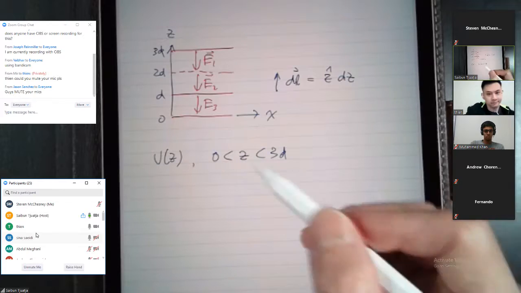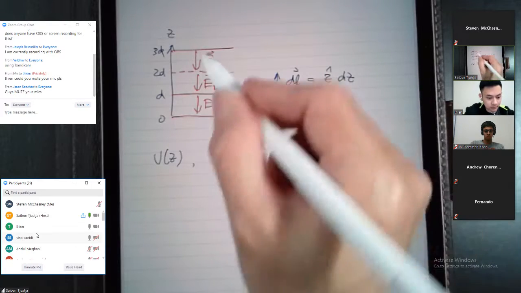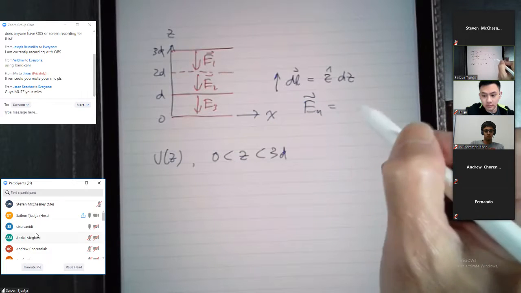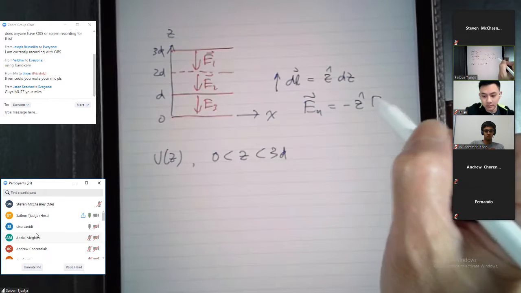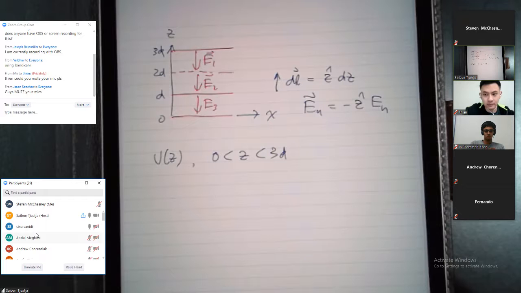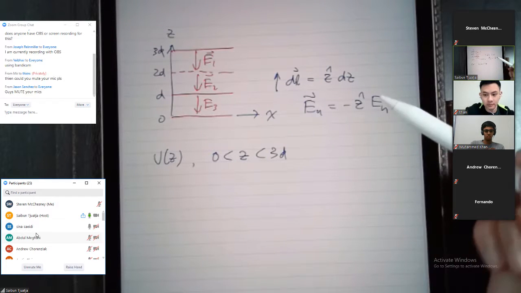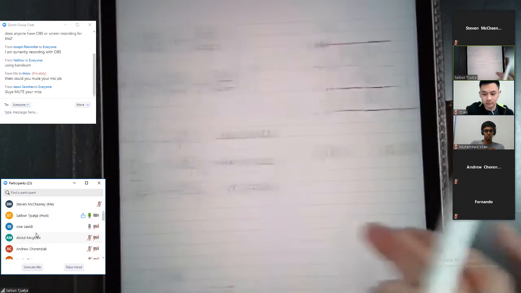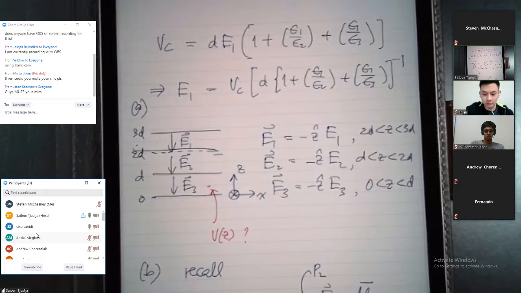And our E, on the other hand, is negative z hat times some En, right? Yes, in all of the region, this is our E. So when we do the dot product, it becomes negative, and the formula calls for a negative. So negative and negative cancel out, right?